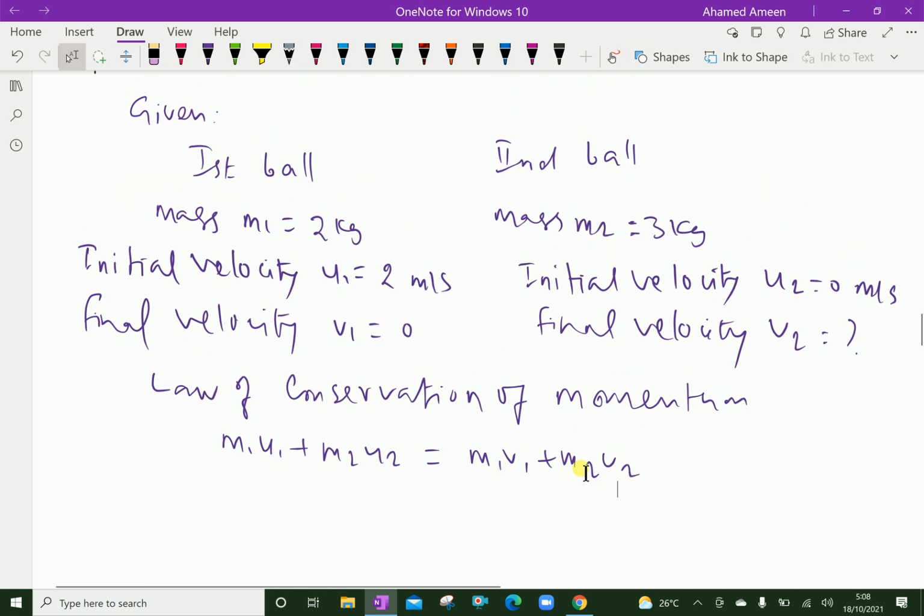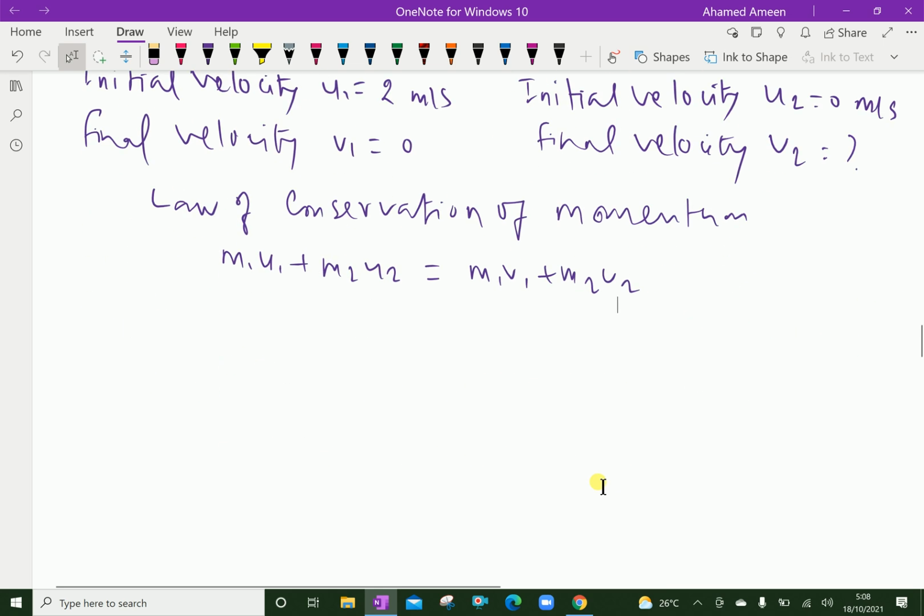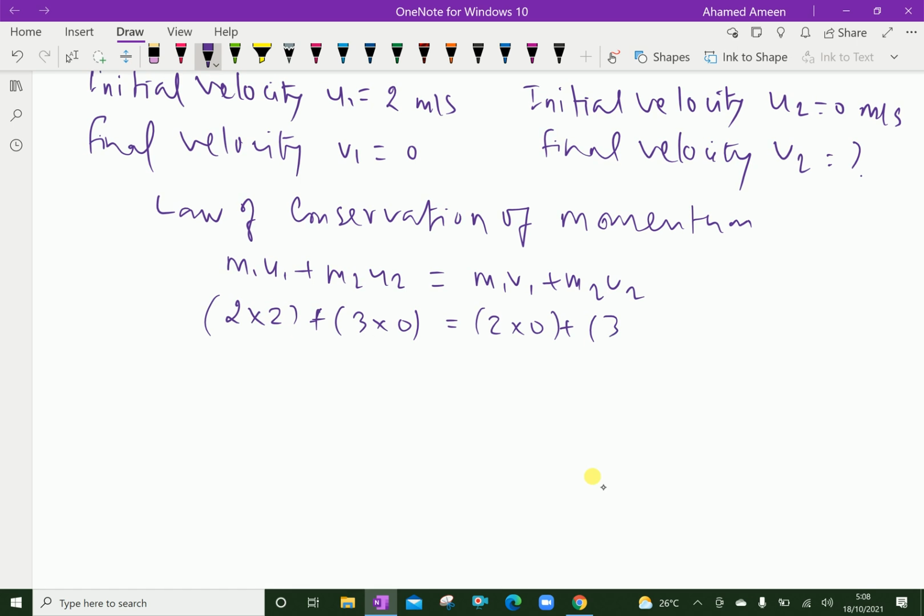m1 is 2 into velocity 2, plus m2 is 3, u2 is 0, which equals m1 is 2 into v1 is 0, plus m2 is 3 into v2.